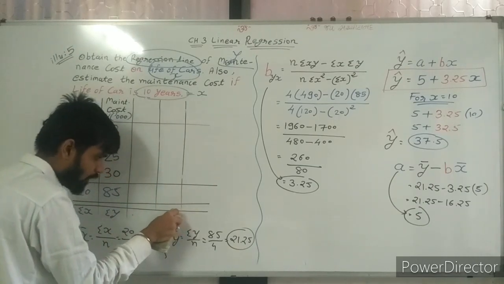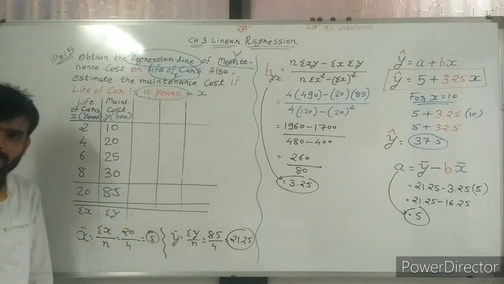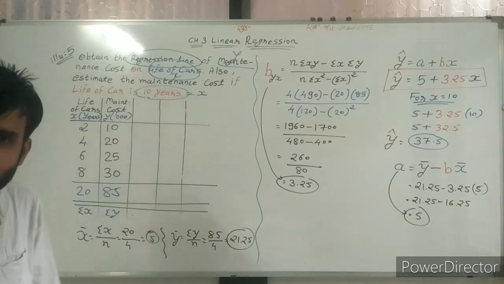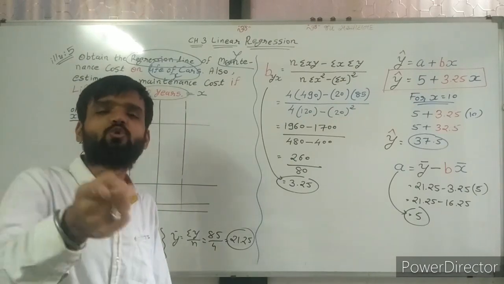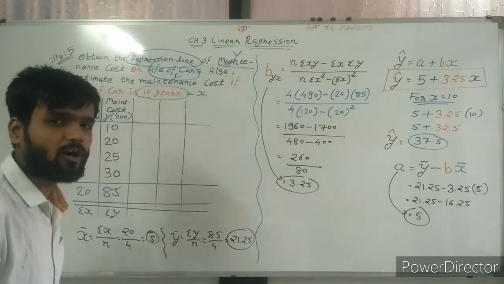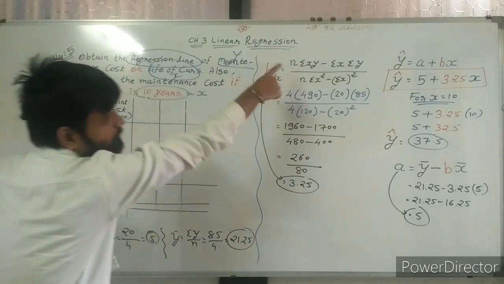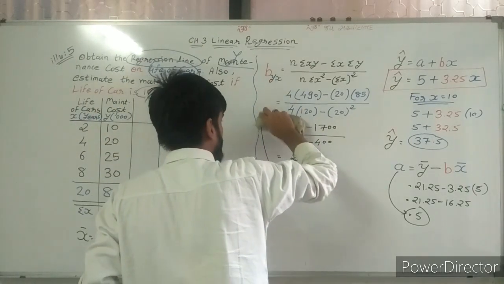I am clearing the board. Remaining things are as they are, no change. But now what is the change? We need U and V. Now all of you know how we can find the value of U. And what is the formula of that U? So first of all I am writing the formula also.